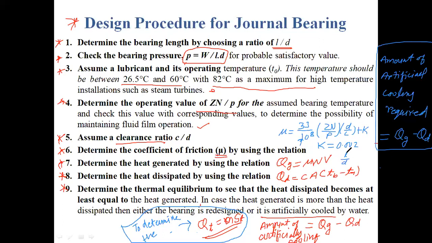We are considering this L by D ratio to be between 0.75 and 2.8. If the L by D ratio is in this range, we take K equal to this value. If we put it here, we'll get some new value from there.